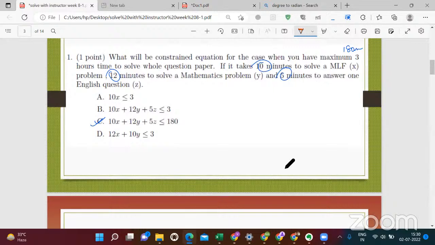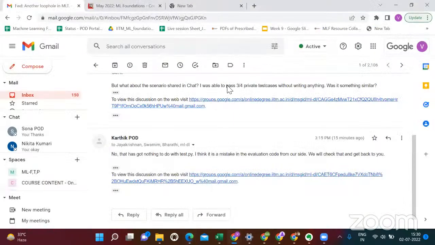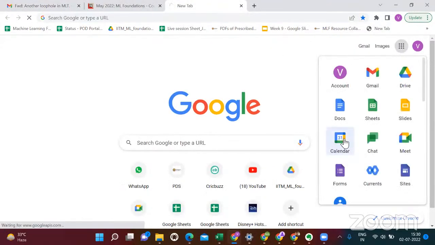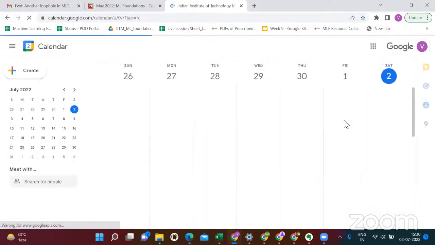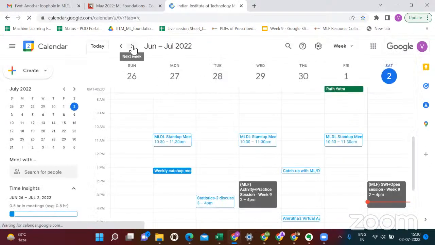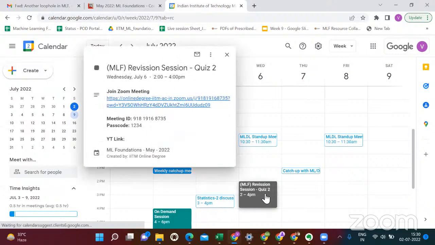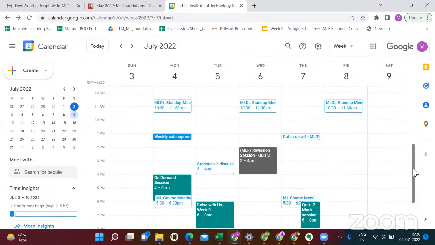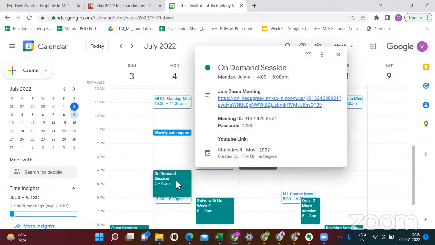On Wednesday there is a revision session. Please join that session, 2 to 4, I guess. We'll try to discuss most of the problems, all the concepts from the weeks, and then the important concepts.